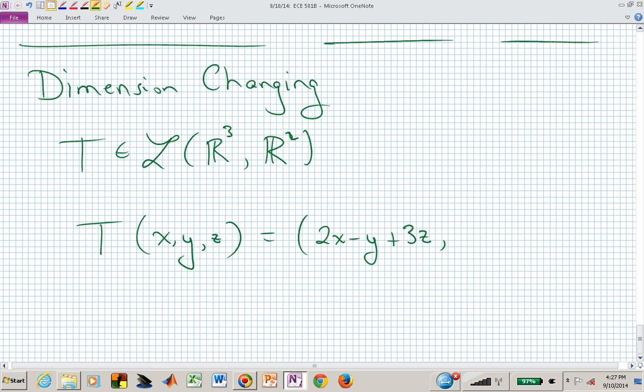And that will be your first coordinate in your codomain's vector. And the second coordinate is now 7x plus 5y minus 6z. And that changes the dimension. You go from 3 space to 2 space because you only have 2 coordinates in your output. They're a function of the initial 3 coordinates in your beginning vector.